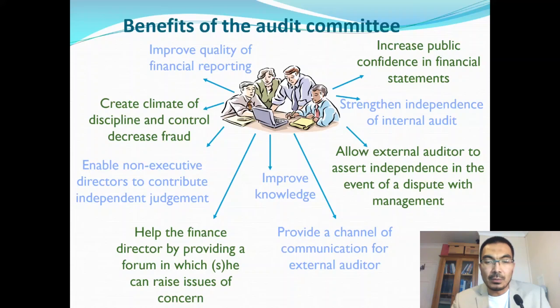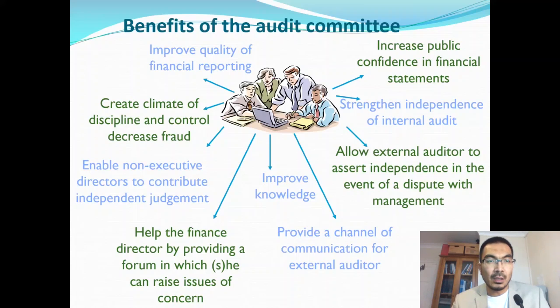It also helps the finance director by providing a forum in which they can raise issues of concern and which they can use to get things done which might otherwise be difficult. It also strengthens the position of the external auditor by providing a channel of communication and a forum for issues of concern.